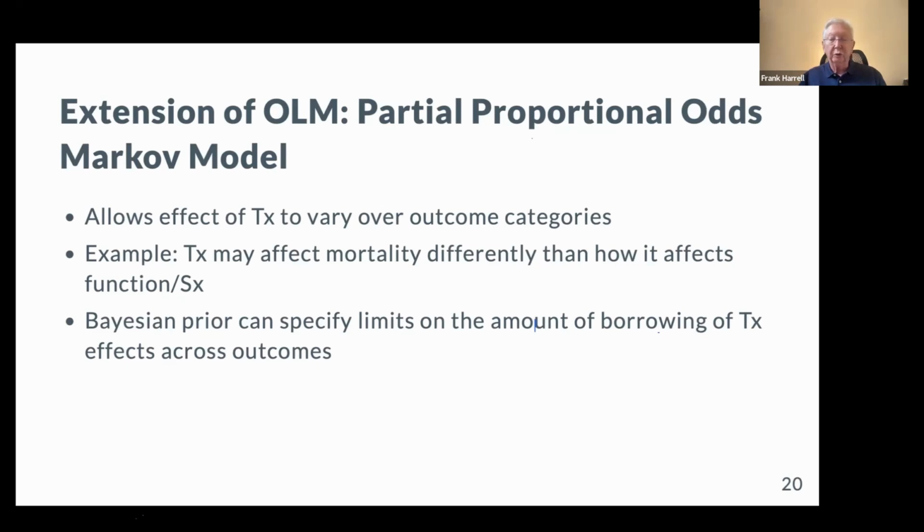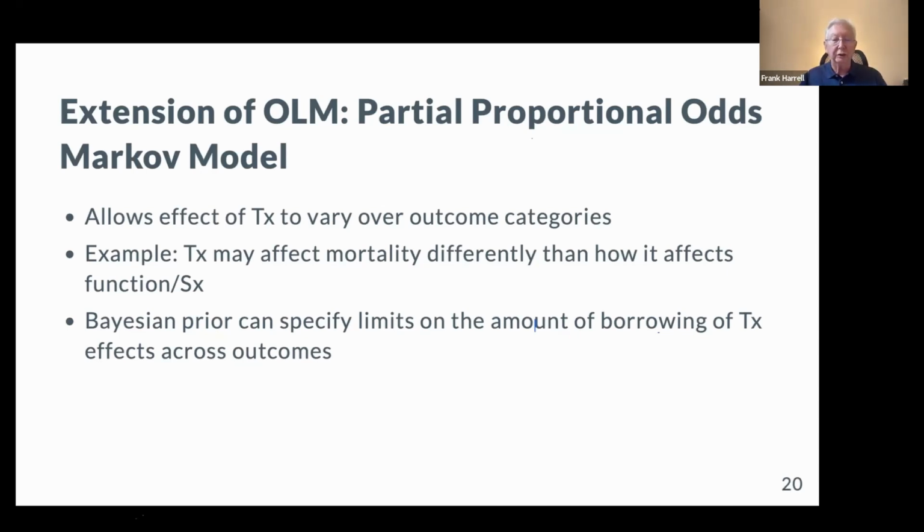So for example, if you thought the treatment effect should be totally borrowed from functional status to mortality, then your Bayesian prior would be just a point, and you're really assuming proportional odds. And if you relax that assumption, you're using the partial proportional odds model.